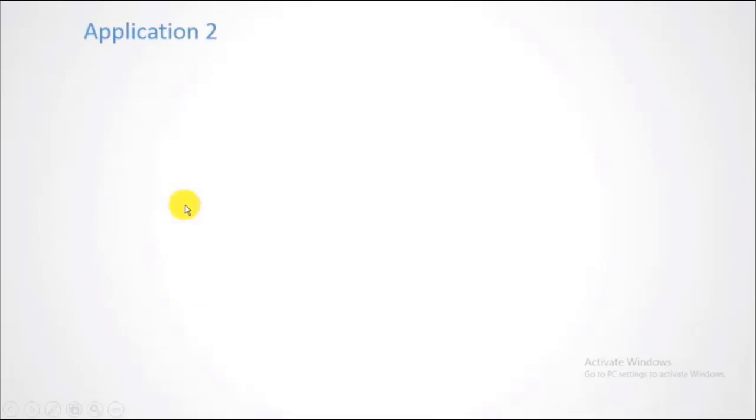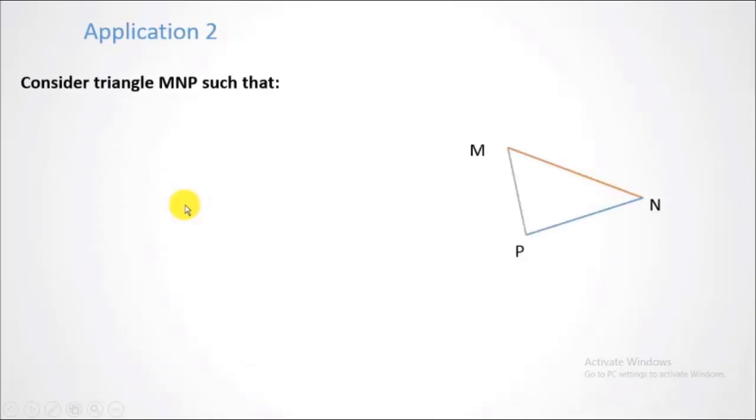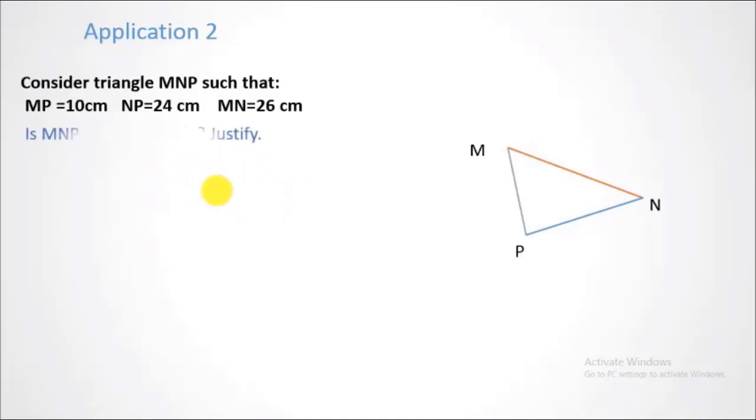Another application, application 2. Consider triangle MNP such that MP is equal to 10 cm, NP is equal to 24 cm, and MN is equal to 26 cm. Is MNP a right triangle? And justify. So, to apply converse of Pythagoras theorem, we first have to search for the longest side. The longest side is MN, which is 26 cm.